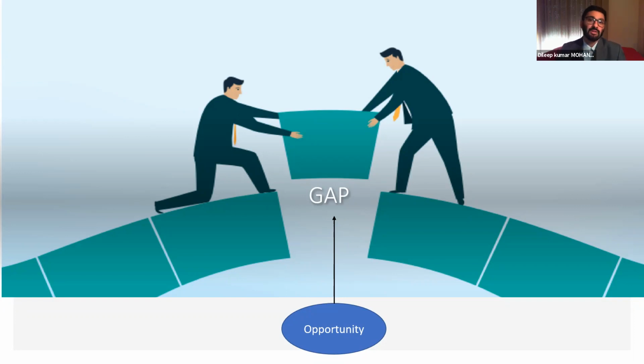Everywhere, opportunities. So gap identification is basically opportunity identification, right?